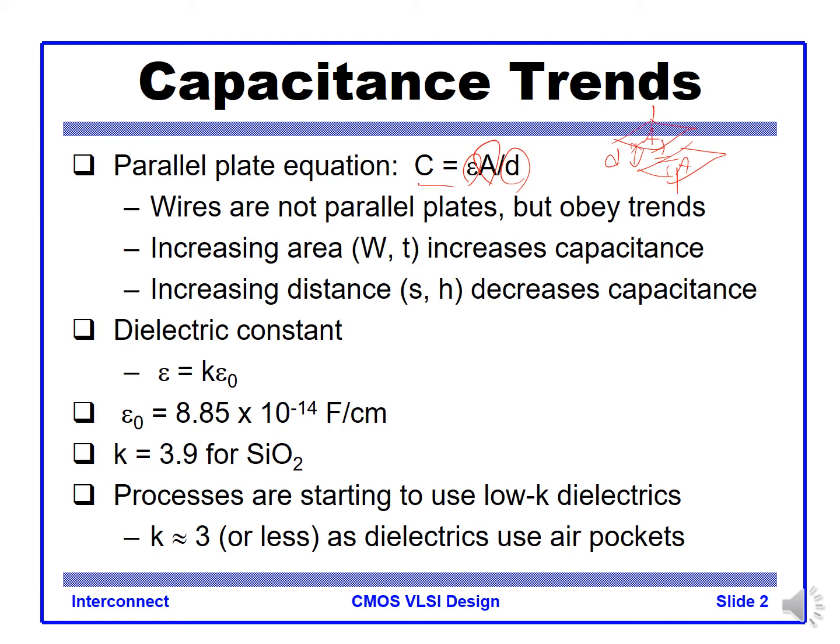If the wire width is narrower, we get a lower area, but at the same time we also have a shorter distance d as we scale down.